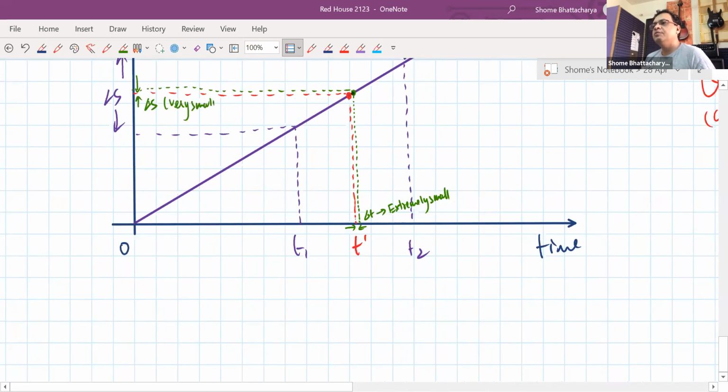But if I magnify this diagram many times, you will see that between this instant and this instant, the slope is the same. The slope is very much the same. So the ratio of this delta s by delta t. So let's say I put this under a magnifier.